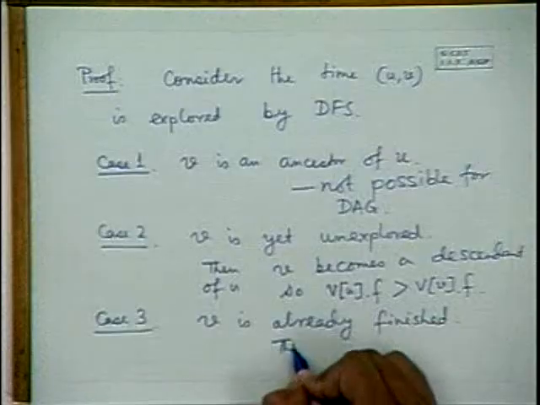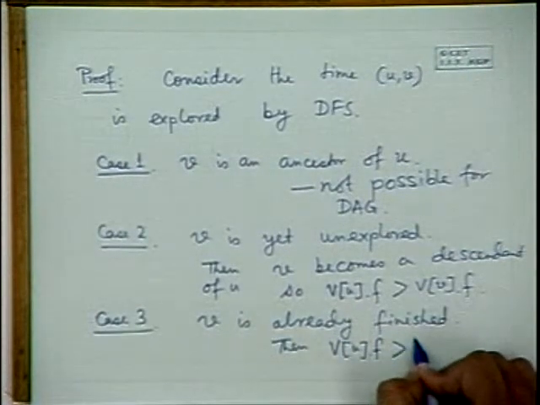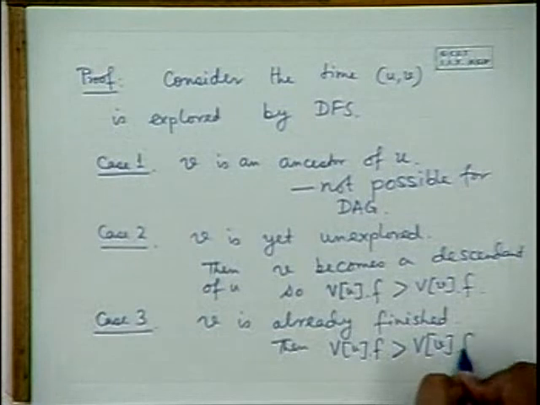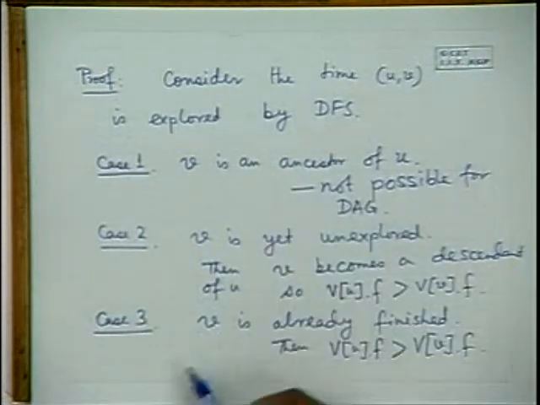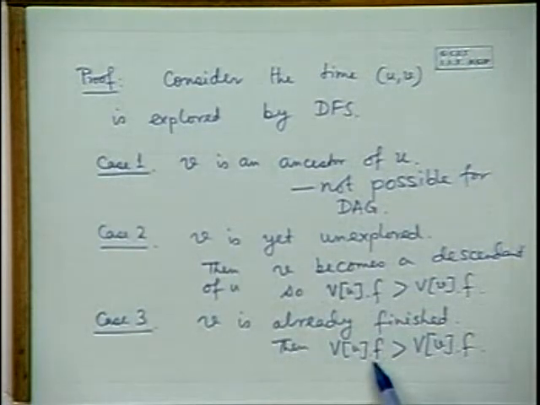So it must be true that U.F is greater than V.F. So these are all the exhaustive cases. There cannot be any other case. In all cases, we have proved that U.F is greater than or equal to V.F if UV is an edge.